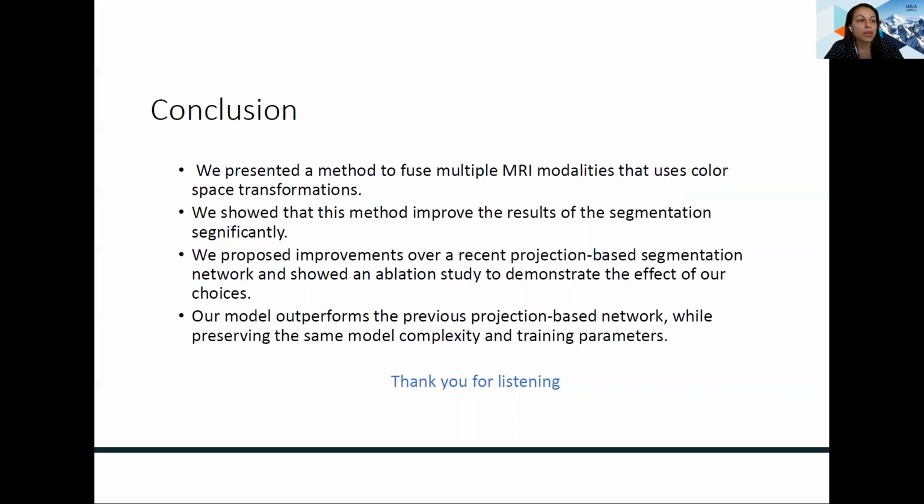And we proposed improvements of a recent projection-based segmentation network and showed an ablation study to demonstrate the effect of our choices. Our model outperforms the previous projection-based network by more than 12 points while preserving the same model complexity and training parameters. Thank you for listening.